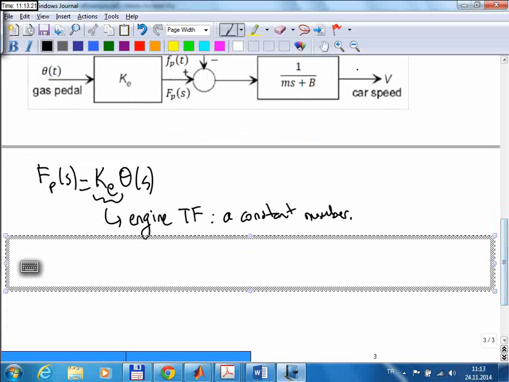So let me write an important note here. For linear static systems, transfer functions are constant numbers.